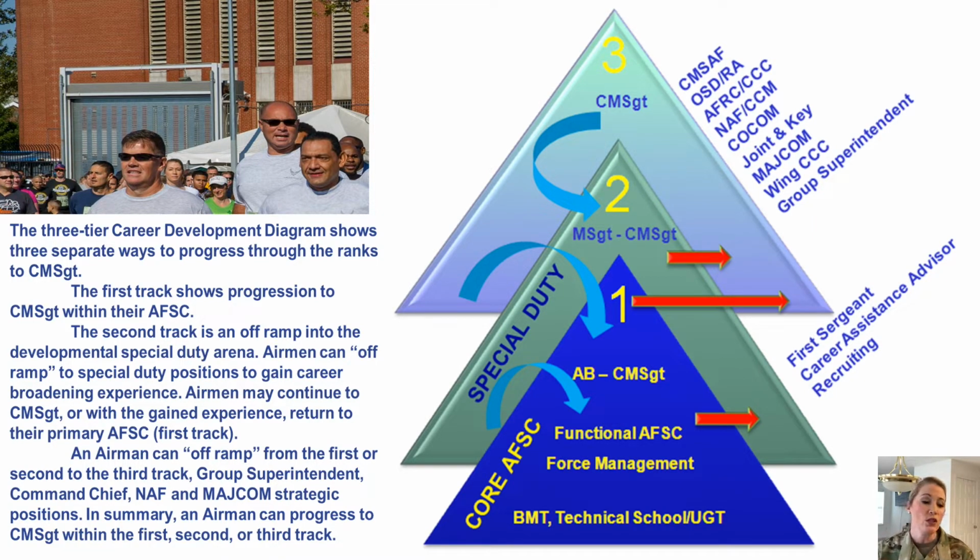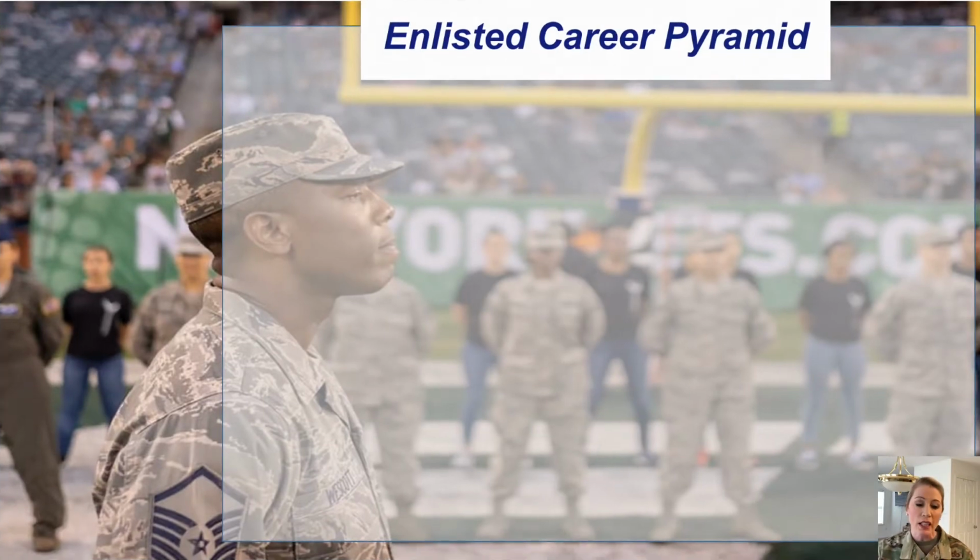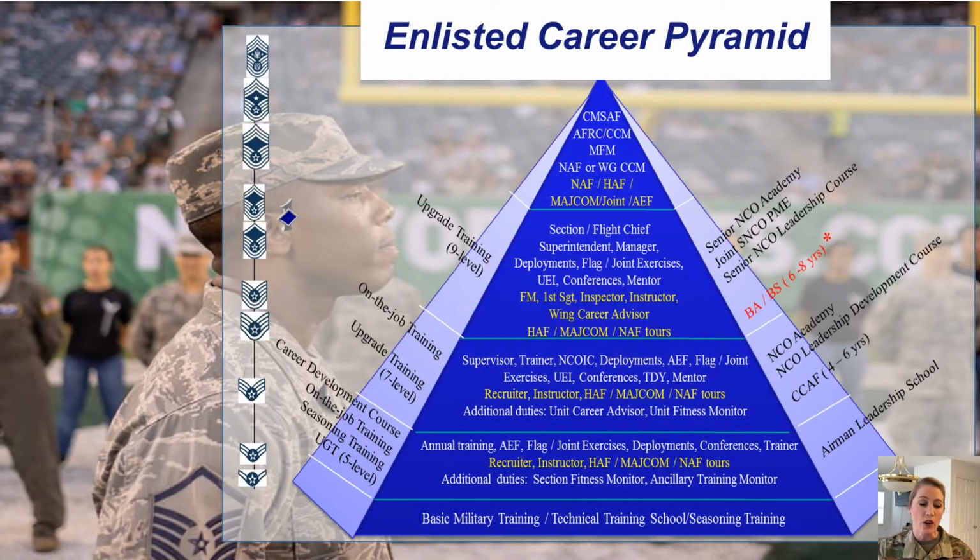So rolling into the enlisted career pyramid, this kind of gives you a snapshot of what falls into the pyramid, starting at Airman all the way up to Chief Master Sergeant of the Air Force. I'll give you just a little time to look that over, but it outlines, if you look to the right side, where you should be hitting those marks for professional military education.